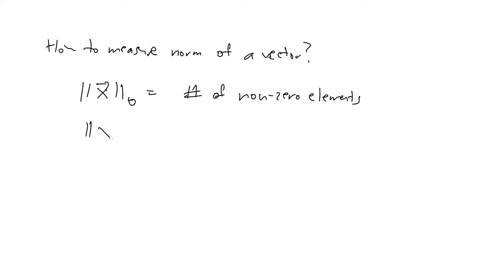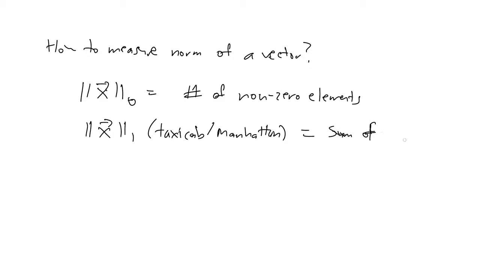The 1 norm, which is also called the taxi cab norm or the Manhattan norm, is simply the sum of the absolute value of the elements.